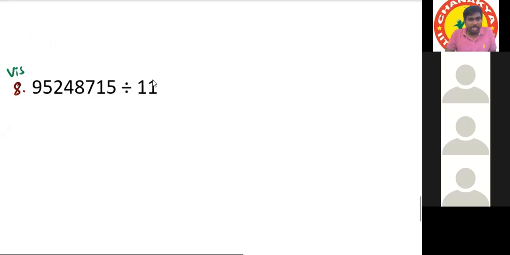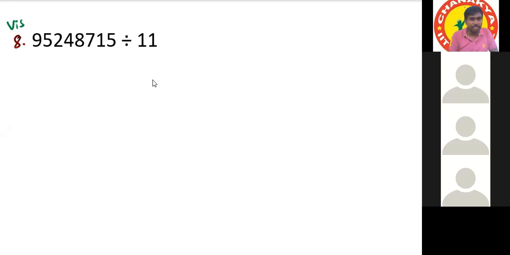Then question number 8. Vishnu, proceed. I think it is also a mixed question. Drop down 9. Then 9 cannot be subtracted from 5. So cut 9, it will become 8, and 5 will become 15. 15 minus 8 is 7.